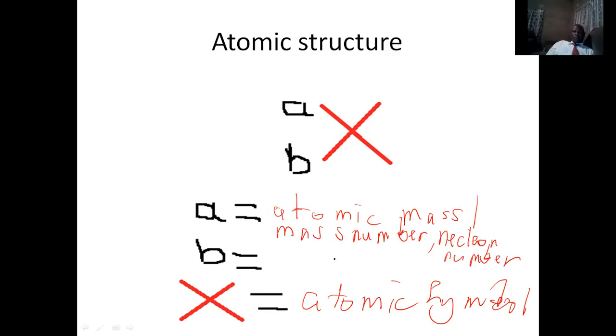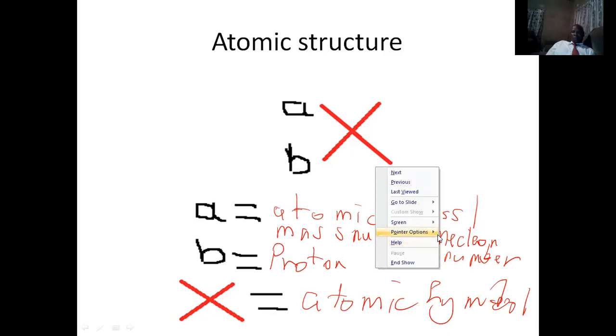And then B is the proton number, or we can say it's the atomic number.